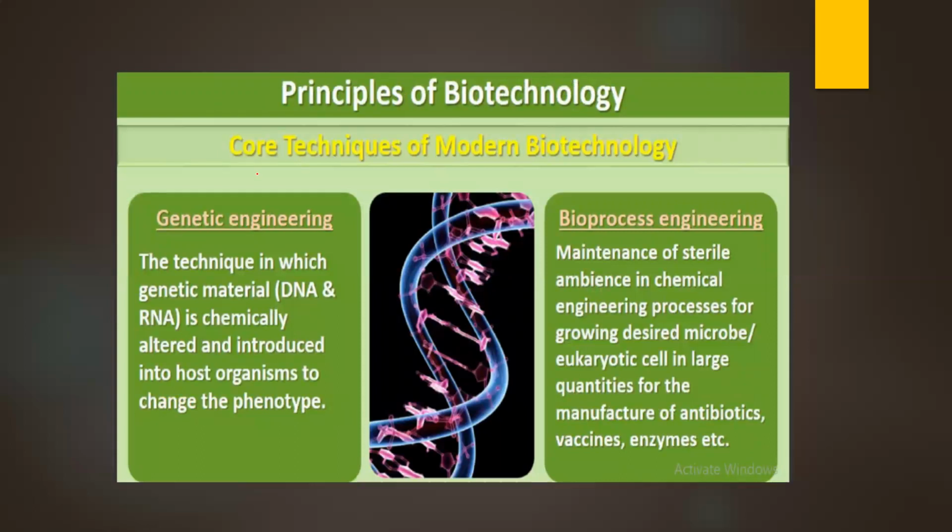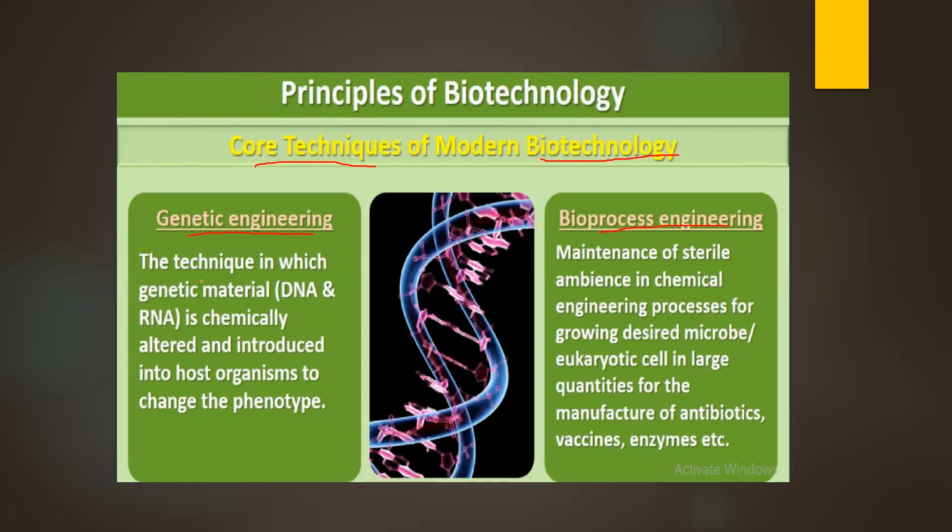Now, what are the core techniques in modern biotechnology? There are many, but among them there are two core techniques that enable the birth of modern biotechnology. The first one is genetic engineering, and the second one is bioprocess engineering.